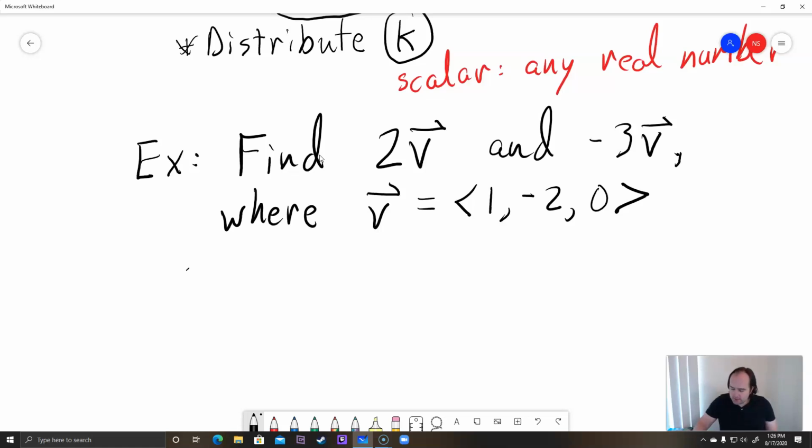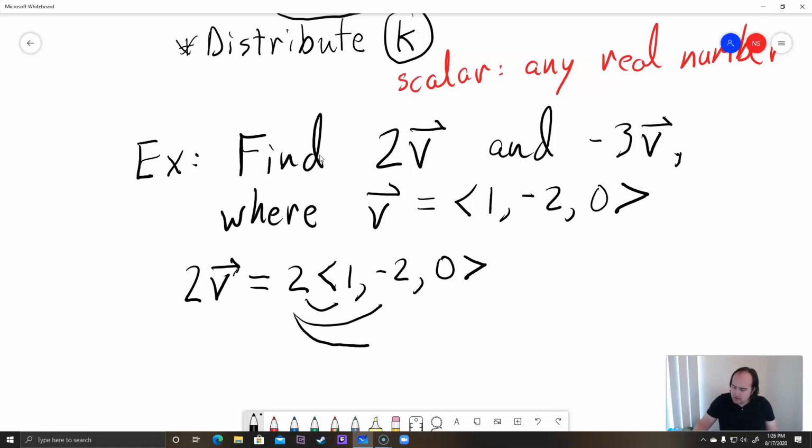So let's start with 2v. It's actually pretty simple. All you do is you write down 2v, and then you write out vector v in its component form or as a position vector. So it's going to be 2 times 1, comma, negative 2, comma, 0. And then you just distribute the 2 to each component.